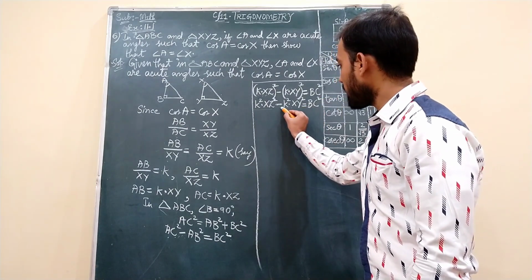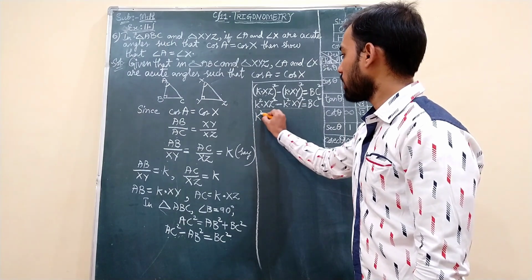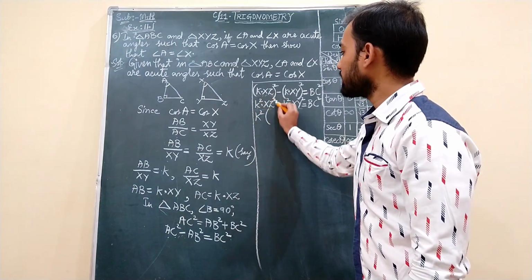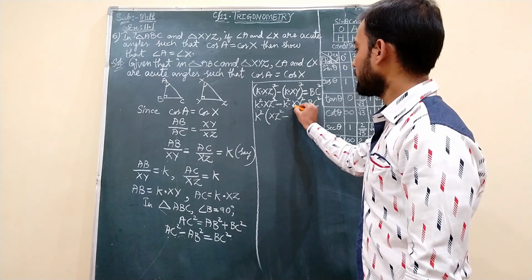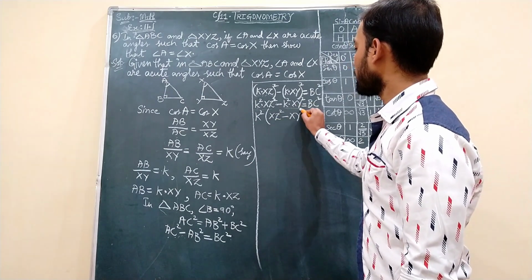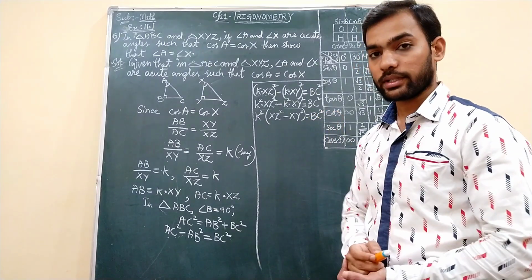Now when you see this part and this part, you will find K square common. So I am taking K square common. In bracket, what remains this side after taking K square common? XZ square remains, and here XY square remains, is equal to BC square. Okay students.